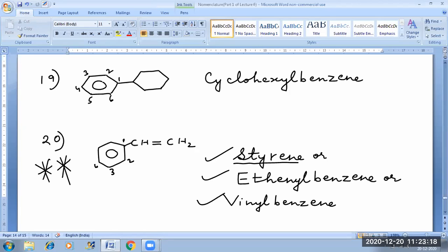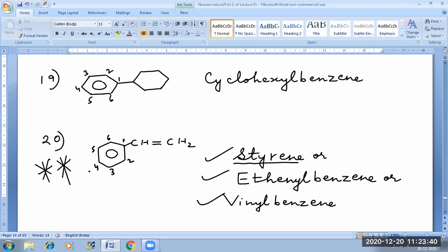So this is the numbering. Benzene is the parent structure here, because there is no functional group attached to the side chain. The side chain just has a double bond. It does not have any other functional group or anything which is priority.